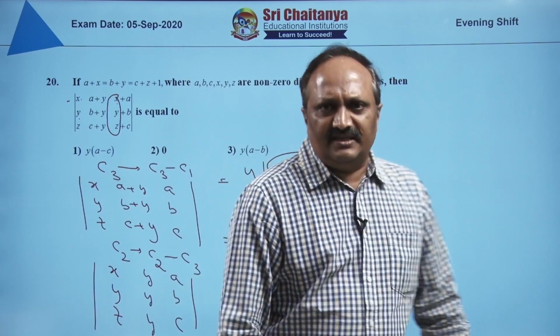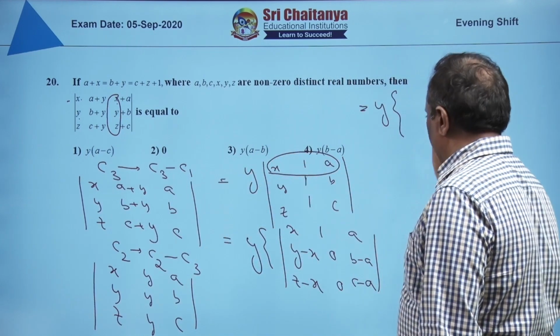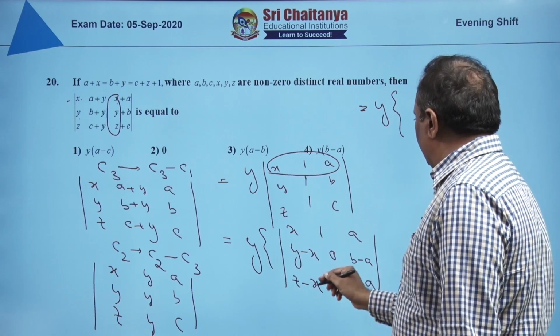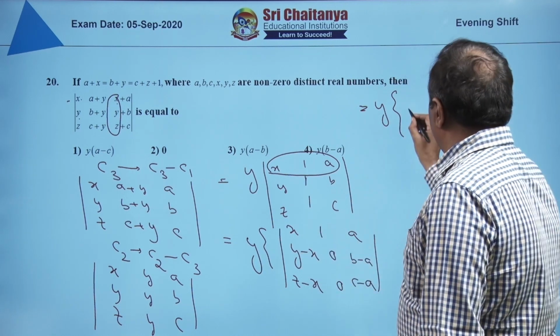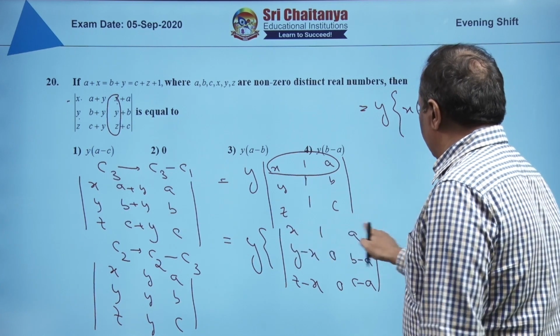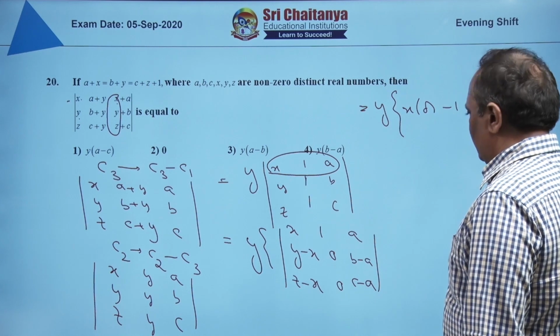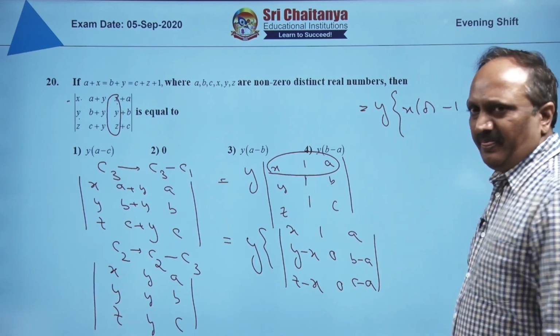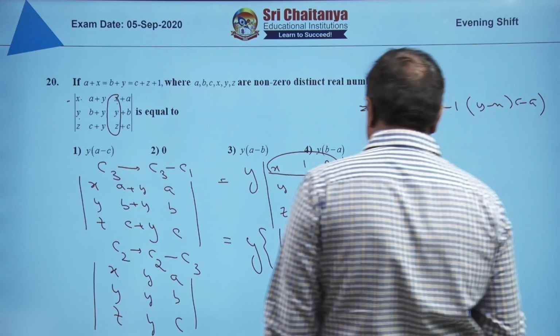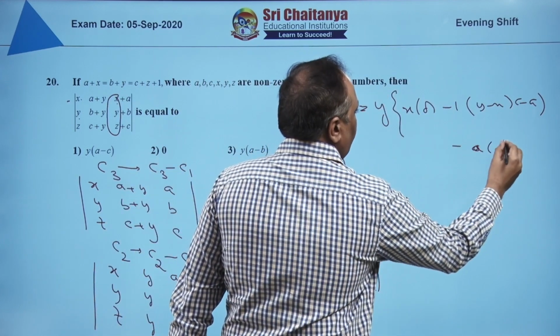By expanding this determinant along the first row or first column, we get y into x into 0 minus 1 into, deleting this row and this column, y minus x into c minus a, y minus x into c minus a, minus a into 0 we are getting.